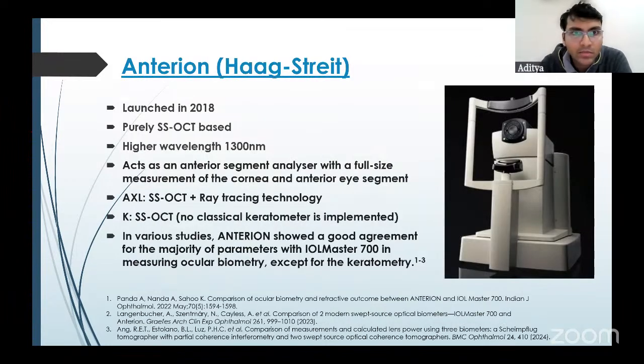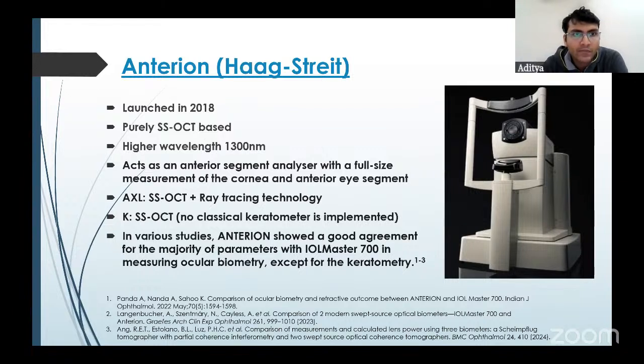So some brief about other biometers. So Anterion by Heidelberg. It is a purely SSOCT based biometer launched in 2018. It uses even a higher wavelength of 1300 nanometer. It acts as an anterior segment analyzer with a full size measurement of the cornea and anterior eye segment.